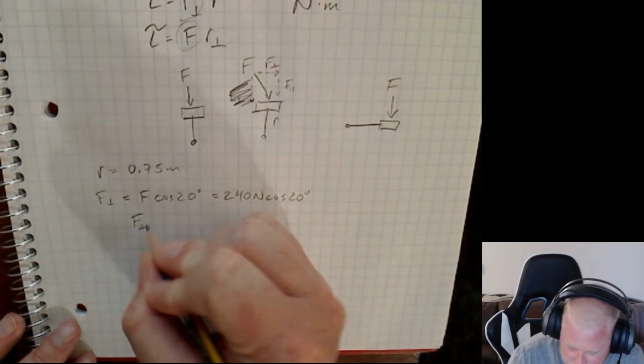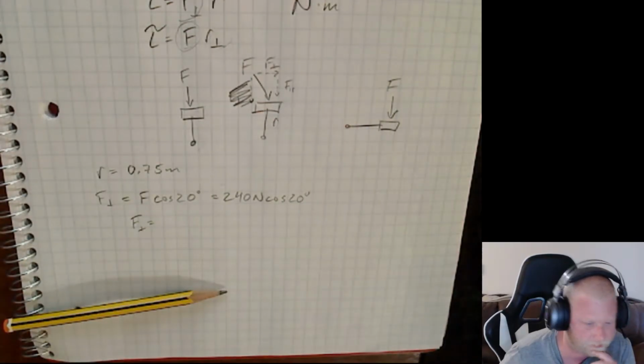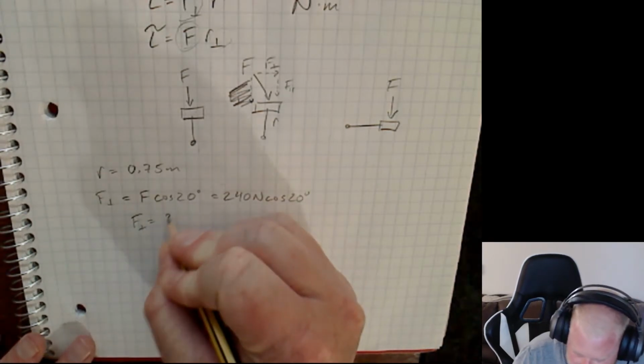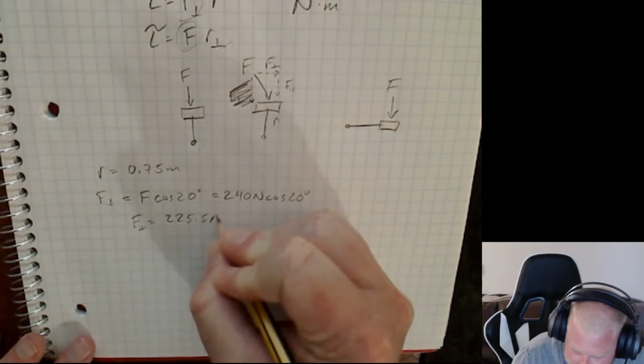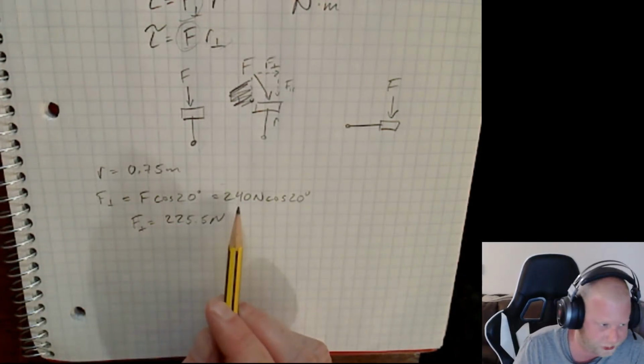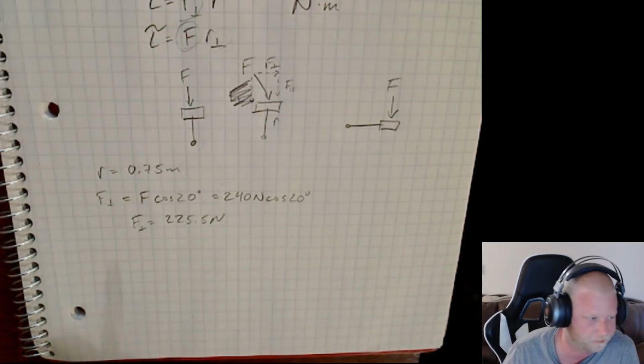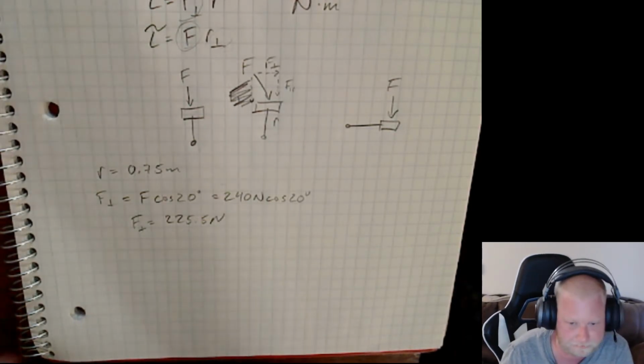Alright, so 240 newtons times the cosine of 20 degrees. Make sure your calculator is in degrees and not radians. And you get 225.5 newtons. So this is the only amount of that 240 newtons worth of force that actually contributes to that door being rotated.